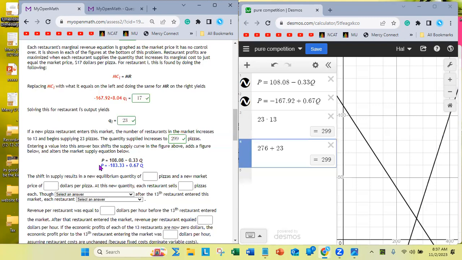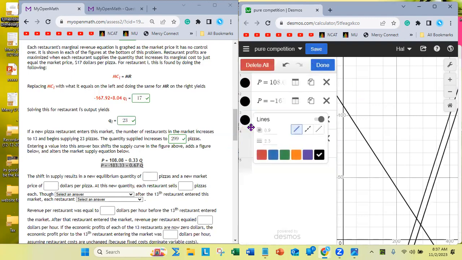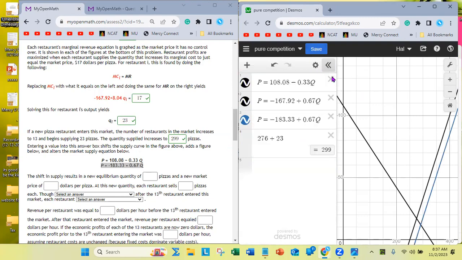And it alters the supply curve here. Let me change that blue. Okay. Now, if I keep the price at, what was it, 17?